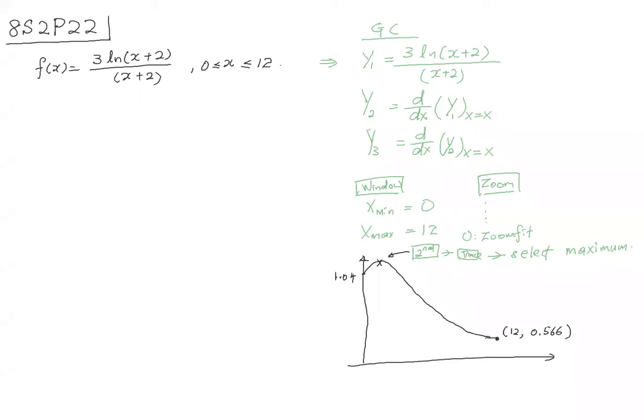Then you go to the right bound, then you press enter, then it comes out with guess, you press enter again, then you will get it. So this maximum point, according to the GC, the X is 0.718 and the Y is 1.10. Okay, yeah.